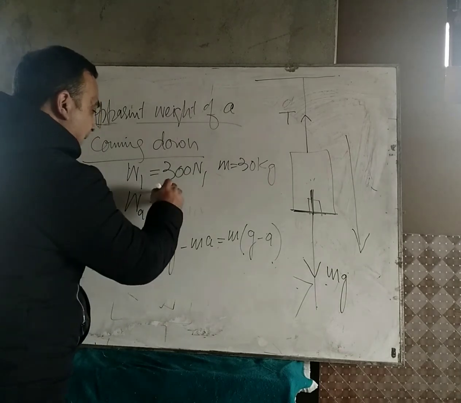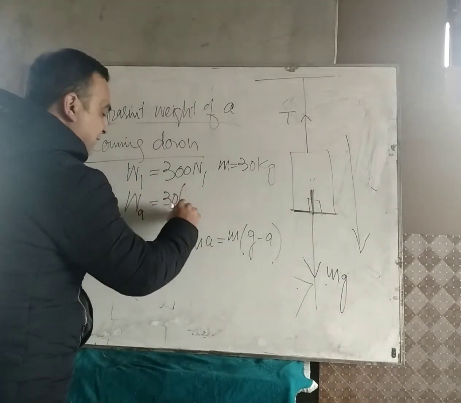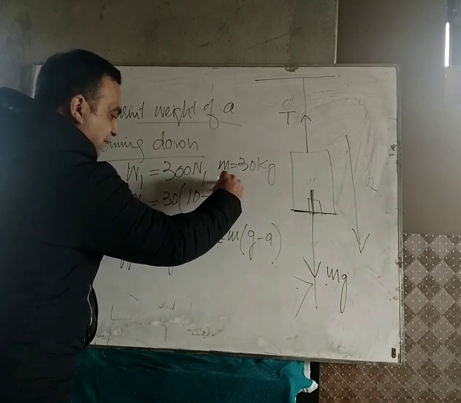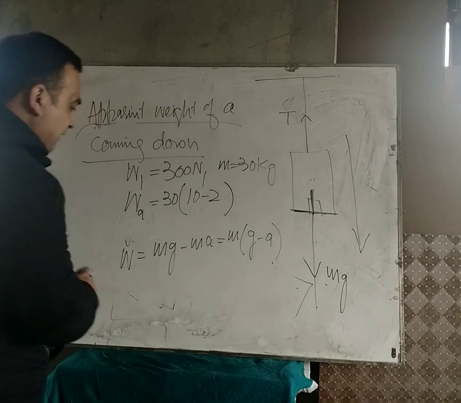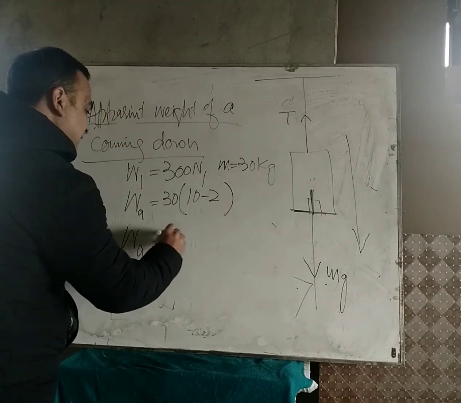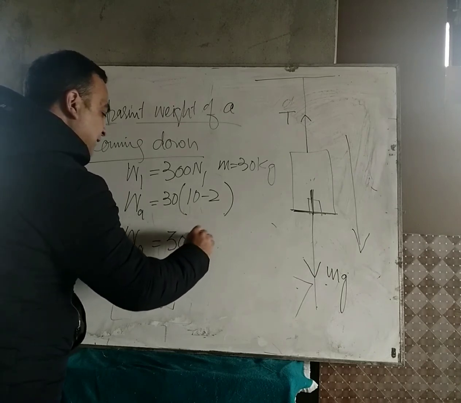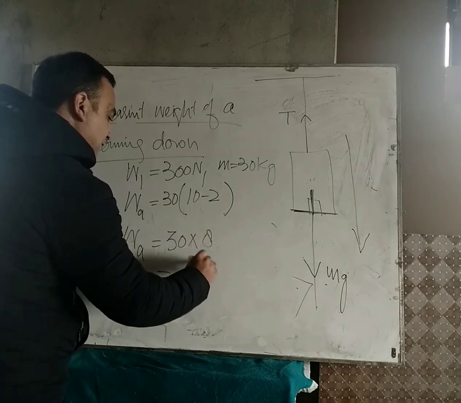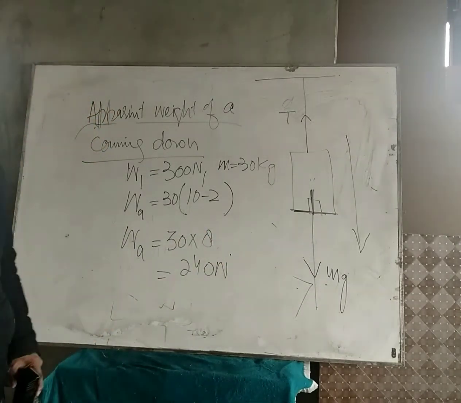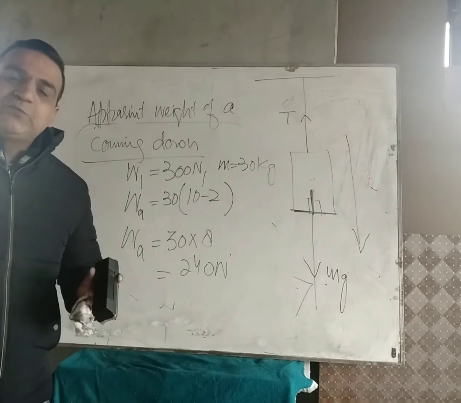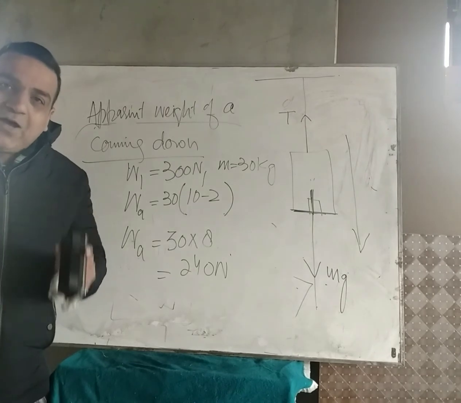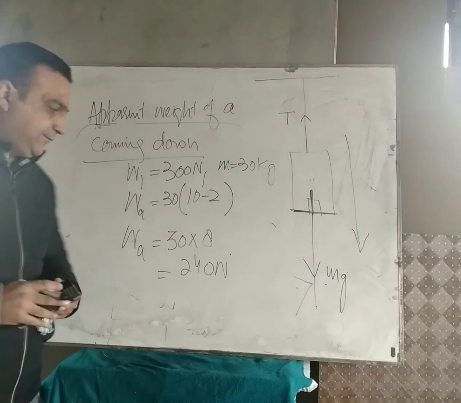That will be m, which is 30, times g, which is 10, minus 2, the acceleration with which this lift is going down. So what will I get here? I will get W apparent is 30 times 8, 240 Newton. What has happened to the apparent weight of this person? The apparent weight of this person has decreased when the lift goes down with some acceleration.